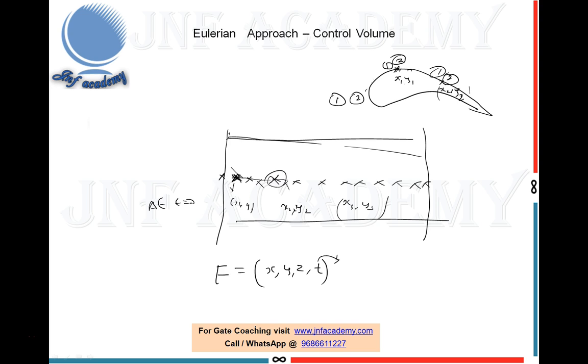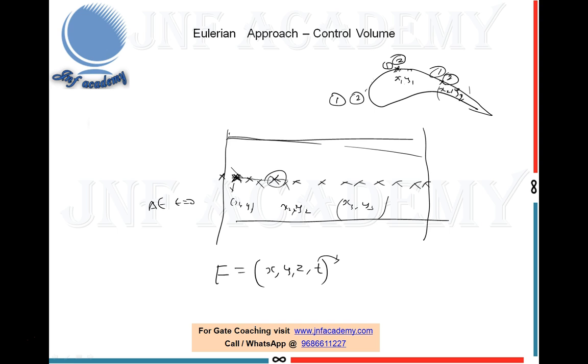Even though it is a different particle, that's okay, because any particle which is going to pass through the same location is going to have the same velocity. So the control volume approach seems to be much easier for any analysis than the control mass approach. That's why most commonly we use the control volume approach.